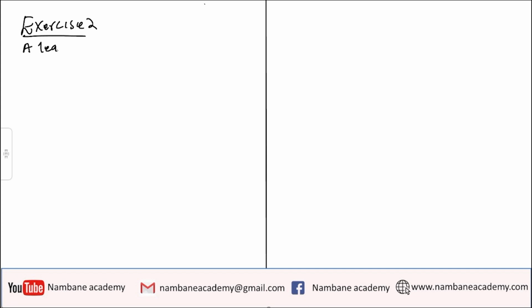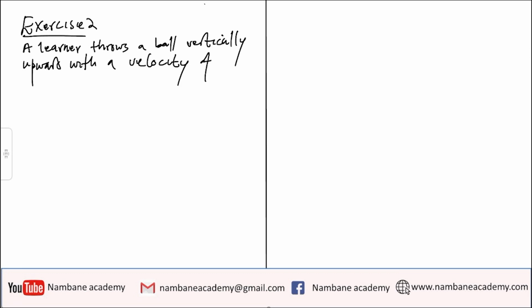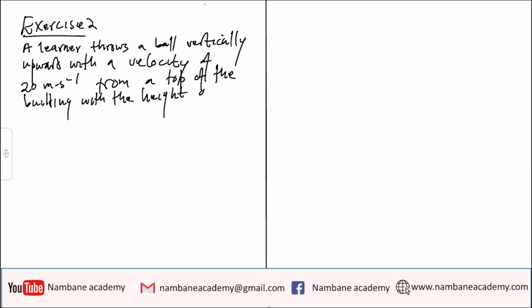A learner throws a ball vertically upward with a velocity of 20 meters per second from the top of the building, with a height of 25,51 meters.